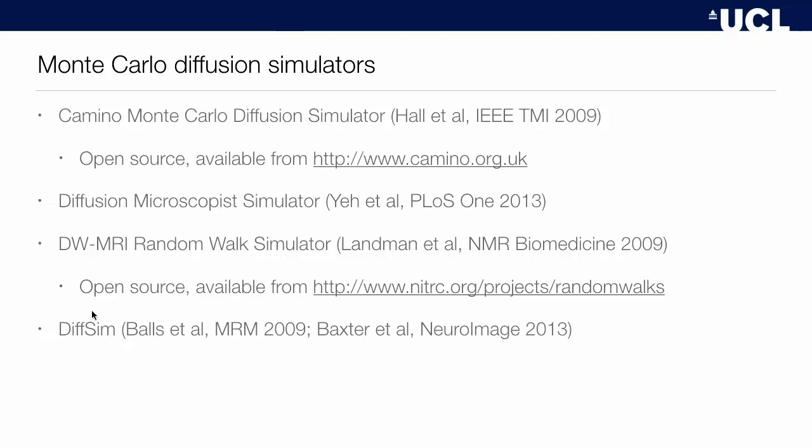I couldn't find a website, but I'm sure if you contact Greg, you'd probably get directed to a download link. And also, I didn't list it here, is the earlier work on the G ratio calculation. As I understand, there's software available, but I couldn't find it. But you can contact Nicholas Stikov to get access to that.